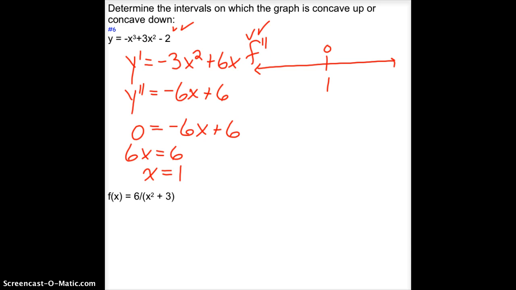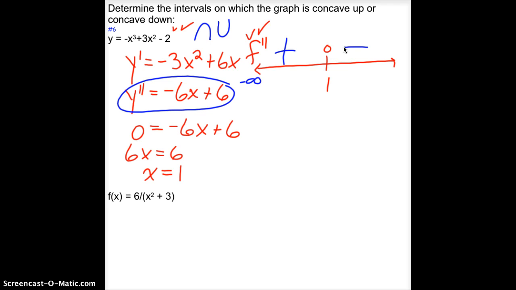If you get a negative second derivative, it means we're concave down. If we get a positive second derivative, it means we're concave up. So we are going to go run a test. And the most logical thing to test in the negative infinity to 1 region would be the number 0. And again, I'm testing it in the second derivative. And when I put a 0 in for x, I get a positive. When I put maybe a 2 in for x in my second derivative, I get a negative.